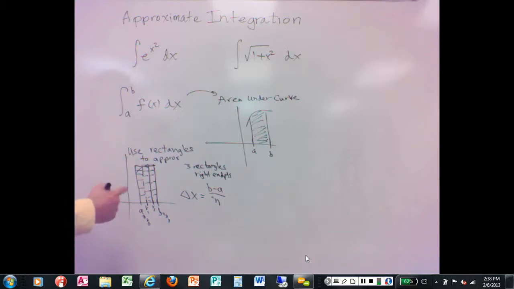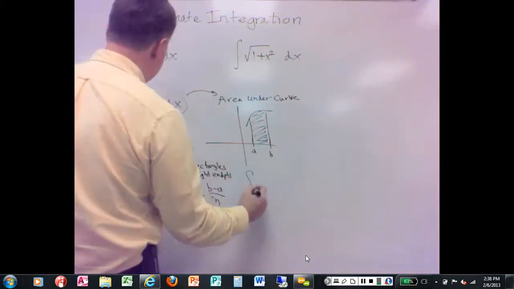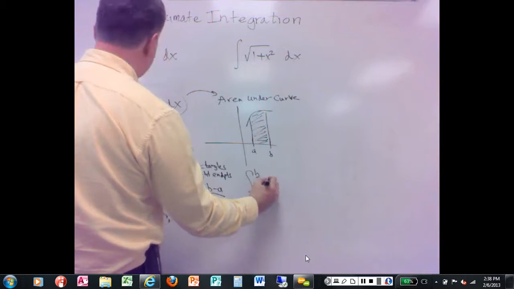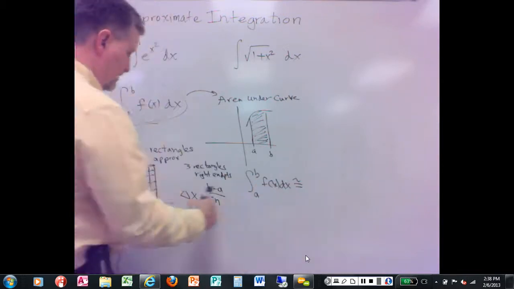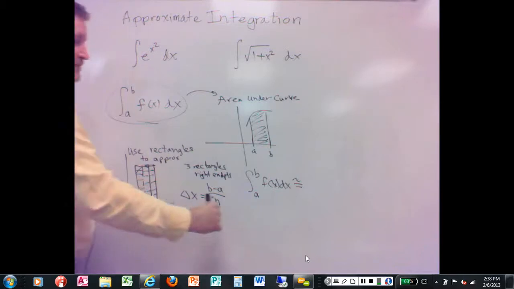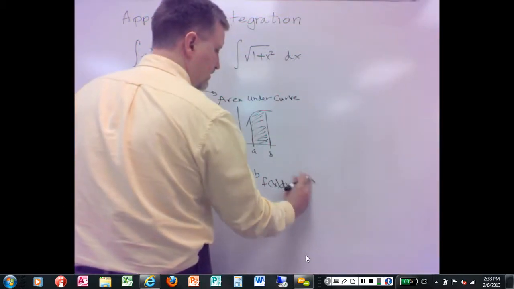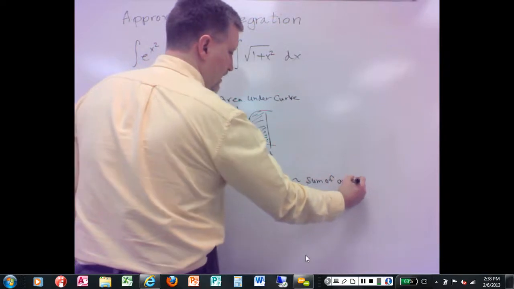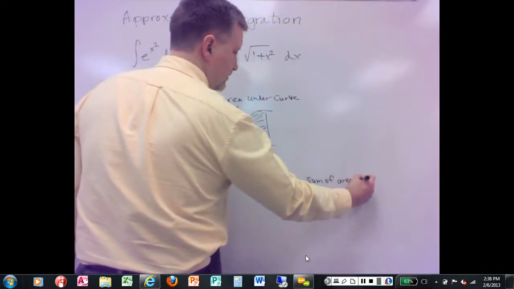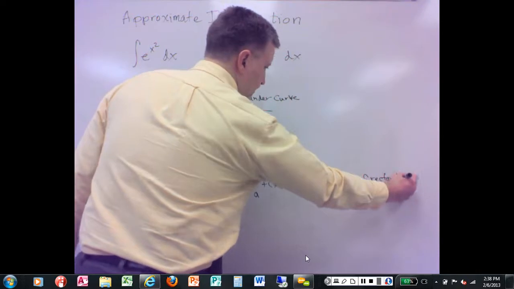Okay, and so the point of all this is this definite integral here is approximately the sum of the areas of all the rectangles, right? How did that look when we wrote it all out?